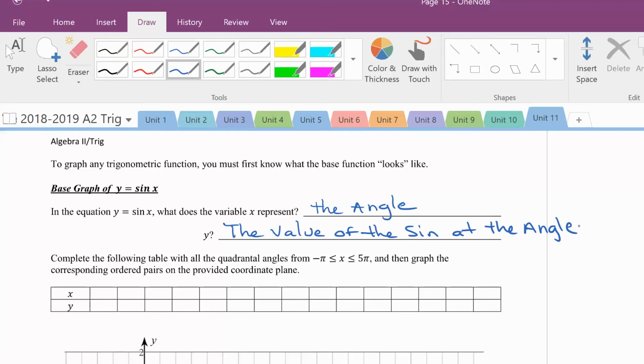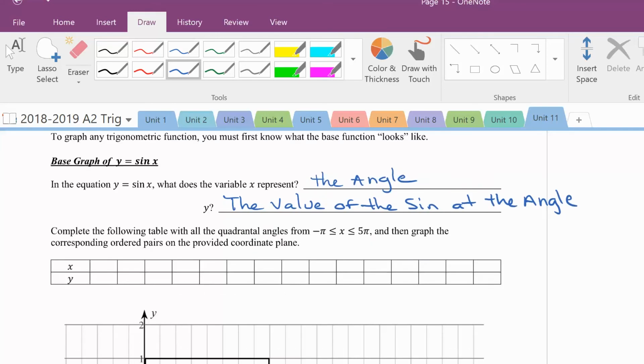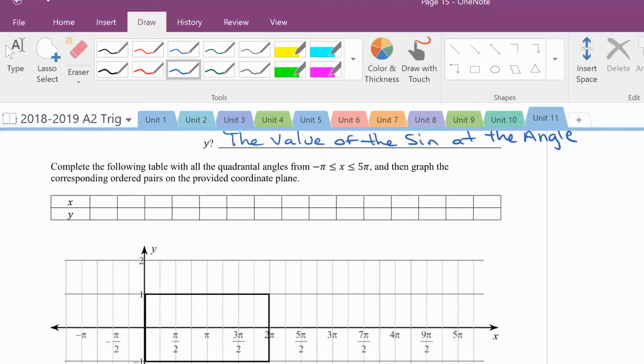So if we make a chart of all the quadrantal angles from negative pi to 5 pi. Negative pi, remember, is 0 for sine.